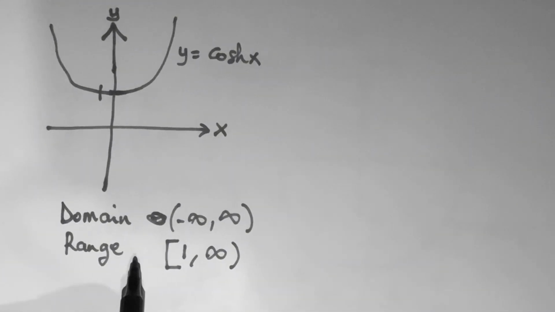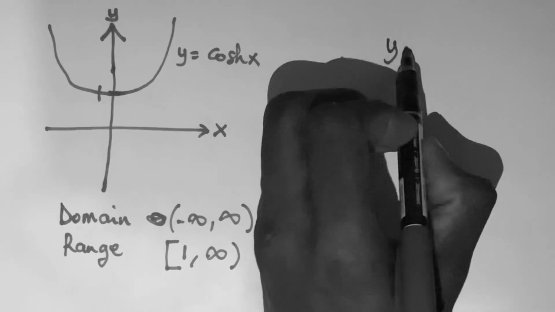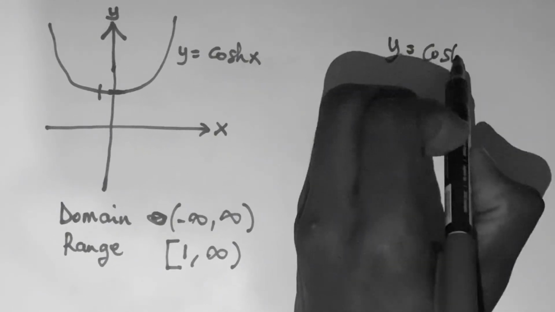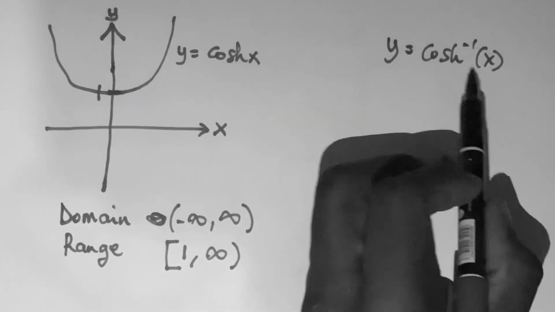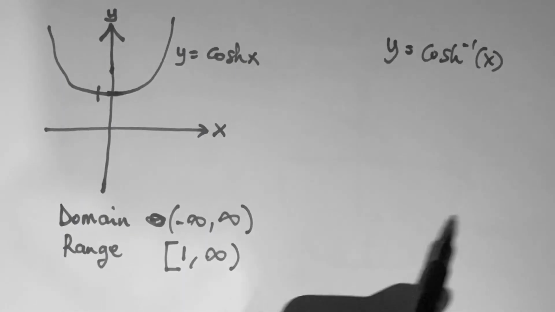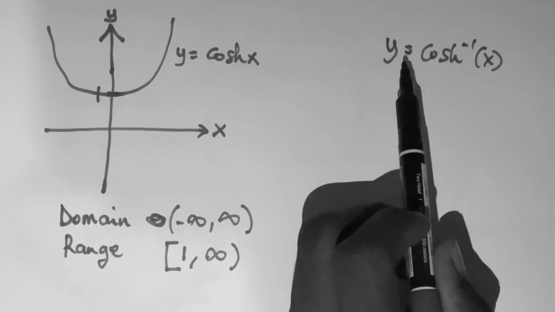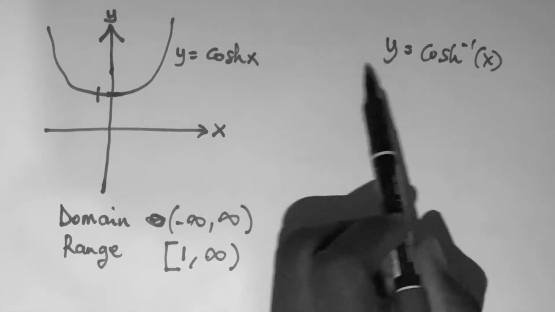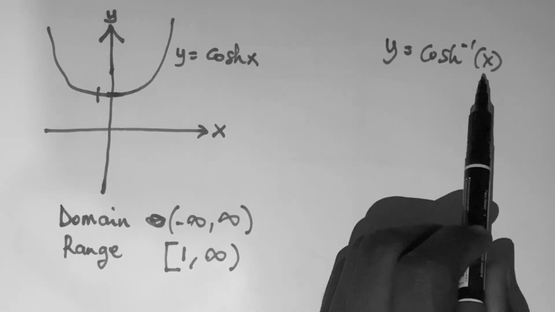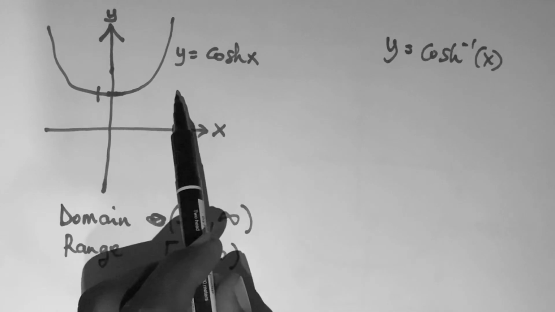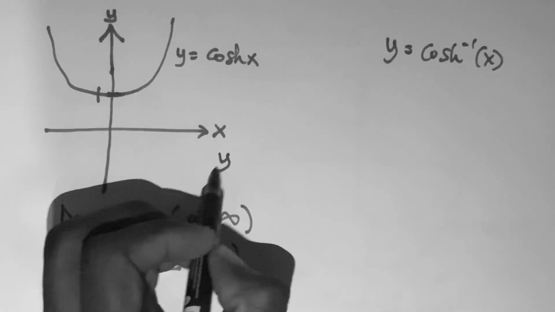Now, having sketched the graph of cosh x, what if y is equal to cosh inverse of x? How will this graph look? There is a rule of thumb that says that to be able to sketch the graph of cosh inverse of x, the inverse hyperbolic function, we need to reflect the graph in the line y equals x.